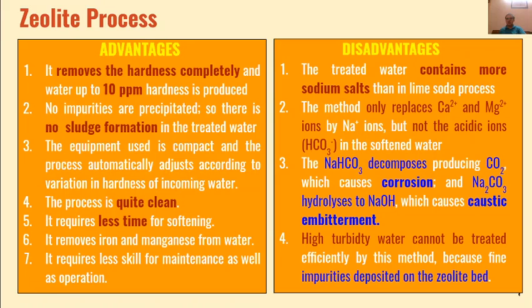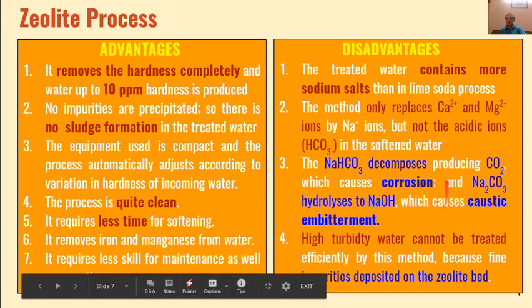And these acidic ions, as I have told you, will produce byproducts like sodium hydroxide and carbon dioxide, and both of these can cause either corrosion or caustic embrittlement as the side product, which can cause damage to the equipment in industry.